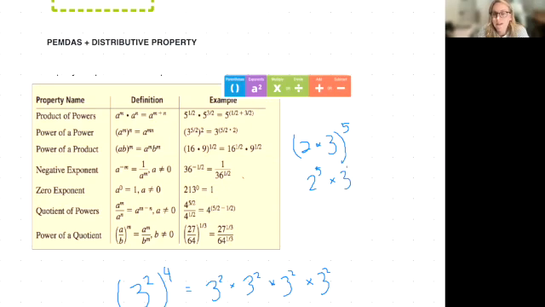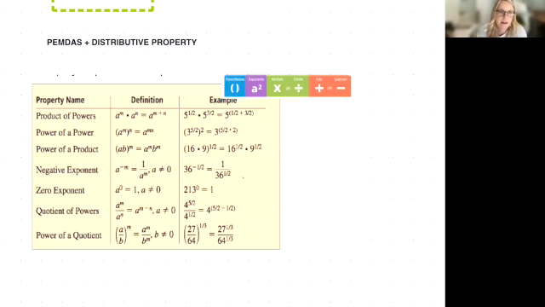And that's it. Now that's something that I would be able to solve, right? I could find 2 to the power of 5, I could find 3 to the power of 5, multiply them, and simplify all the way through. Okay, I'm going to erase. It'll take me just a moment, and then we'll do the next one.